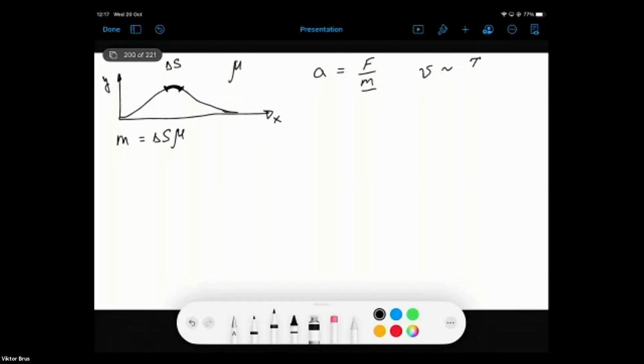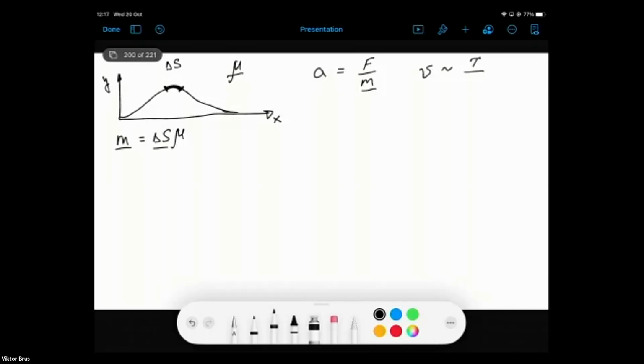Since mass itself is not a parameter, because it depends on how long an element of this string we take, but mu is a parameter of the string itself, because it defines from which material and what size, what is the cross-section area of this string which we deal with.